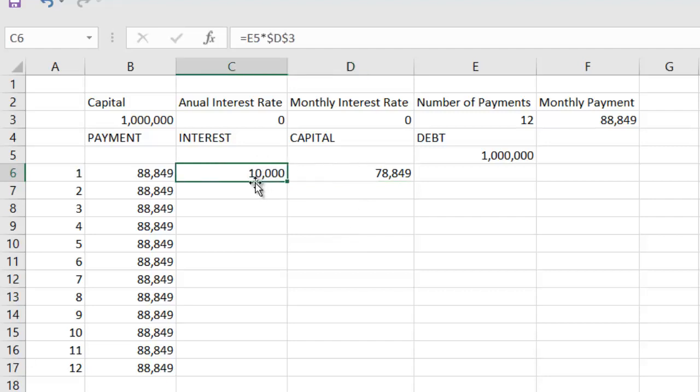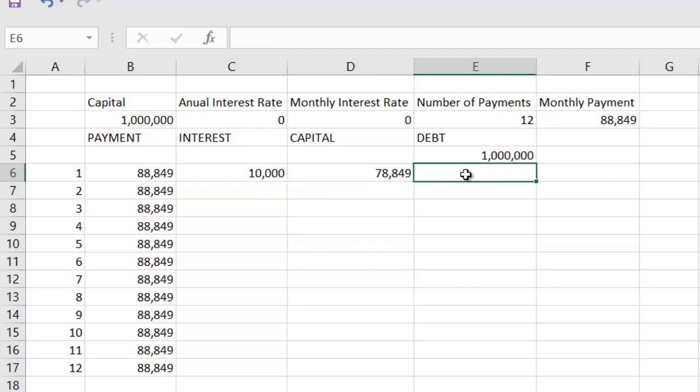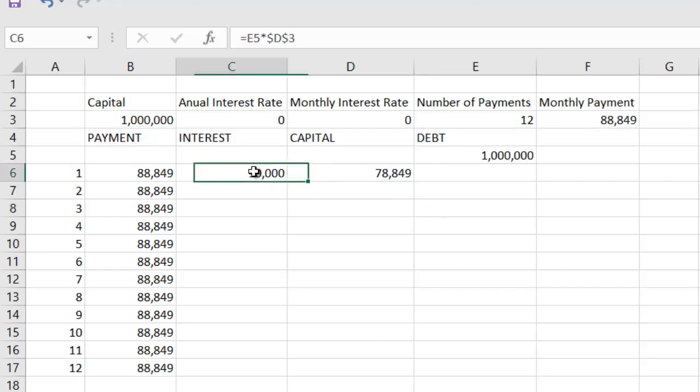So I'm paying this for interest and this for capital. Now the debt would be subtracting only the capital, because remember, the interest is the money that you're gaining just for lending the money to your employees. Okay, this is what you gain.